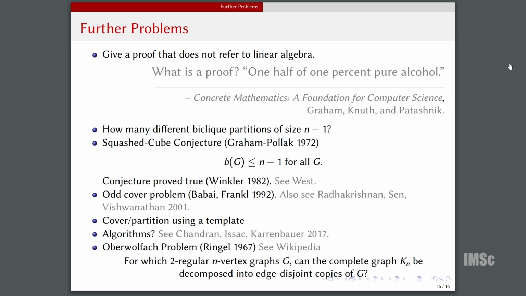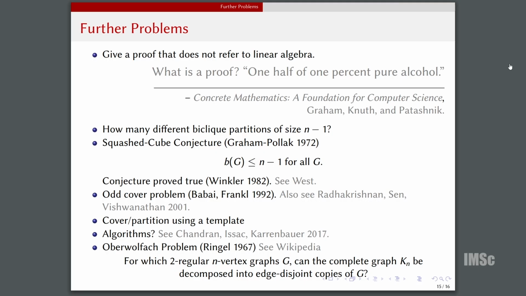Then there are many other problems you could think of. But personally, I find that there is no purely combinatorial proof, and why is it difficult to come up with a purely combinatorial proof? That's an interesting question. We saw we could come up with a partition of size n minus 1, that's also optimal.